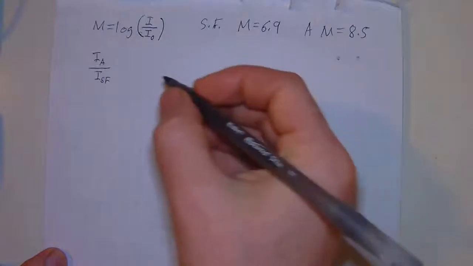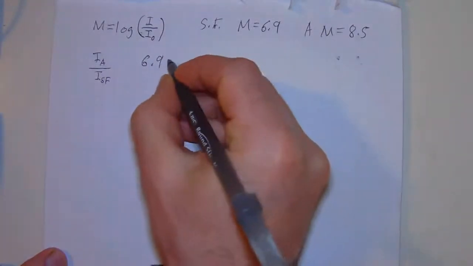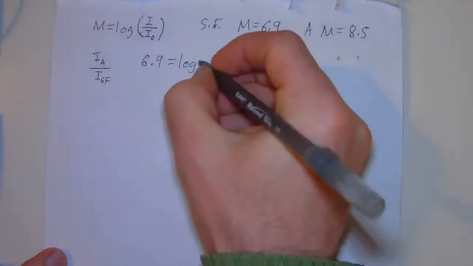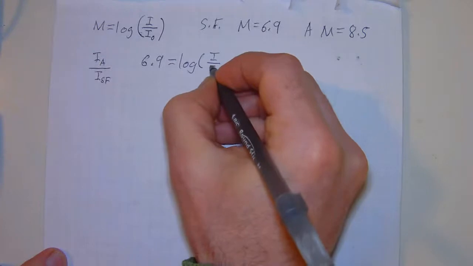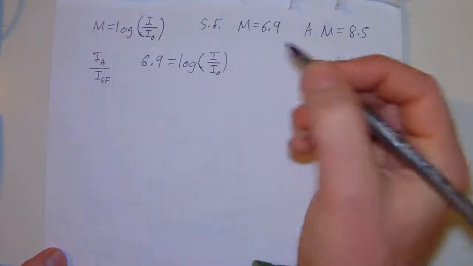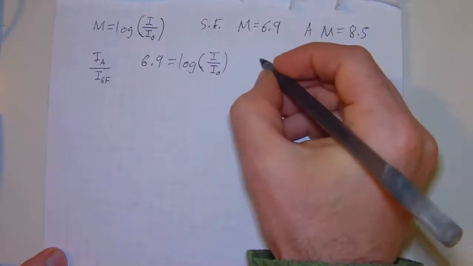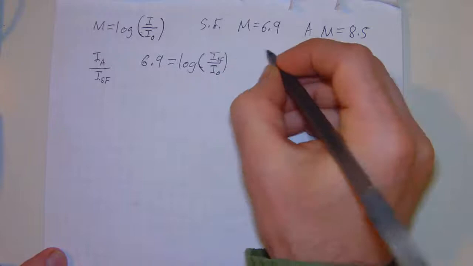Okay. So for San Francisco, the Richter rating is 6.9, and that is equal to log of I over I naught. And here you can see what I was talking about earlier, where there are two variables whose values we don't know. This is the San Francisco intensity.